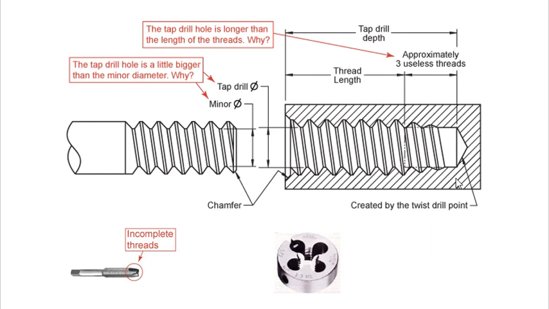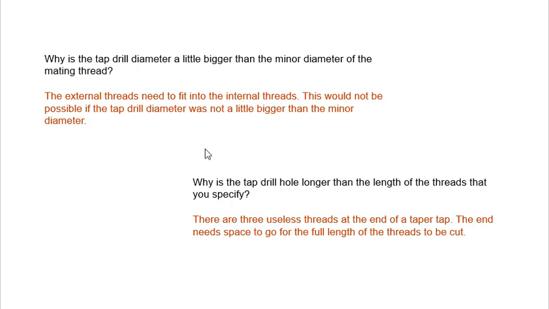The tap drill hole is longer than the length of the thread because we make space for them. I'll show you later. And then the tap drill hole diameter is also a little bit bigger than your minor diameter. Why? It's because the external threads need to fit into the internal threads.